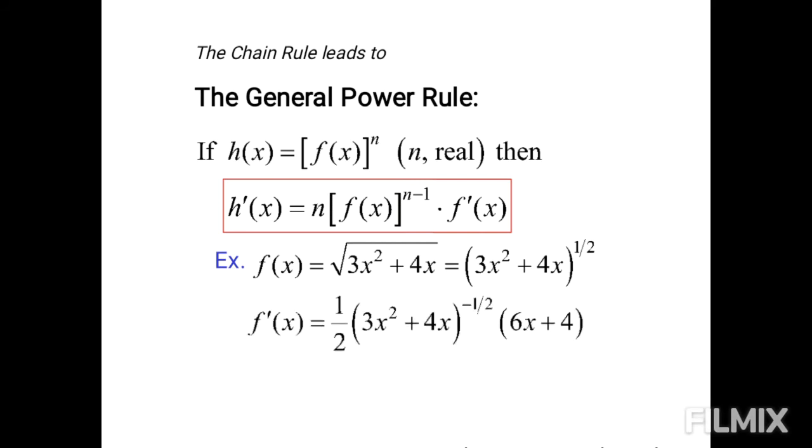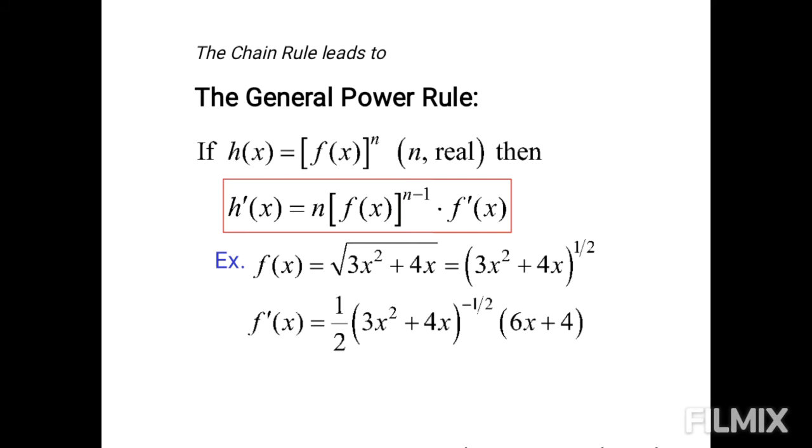Then let's see its derivative. Since we have the power of 1/2 for our exponent, we need to multiply it to our given radical.